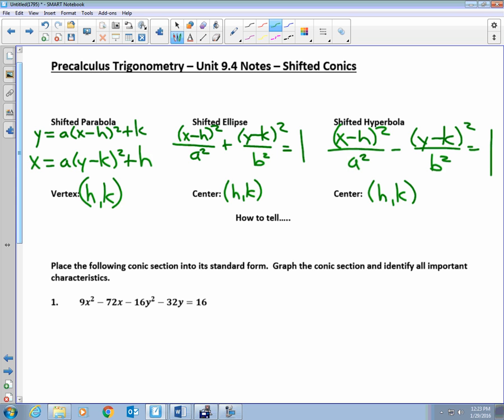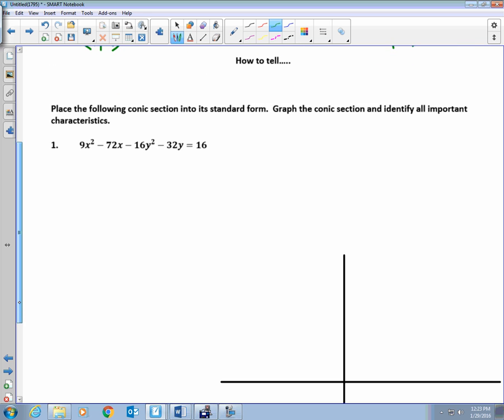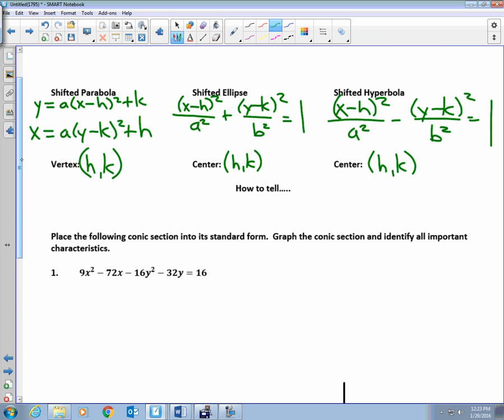Okay, no fractions. Suppose that it was written in this form. I will tell you right now that this is either a parabola, an ellipse, or a hyperbola. What type of characteristics would you look for in here to determine whether it would fit into an equation of this form, or this form?